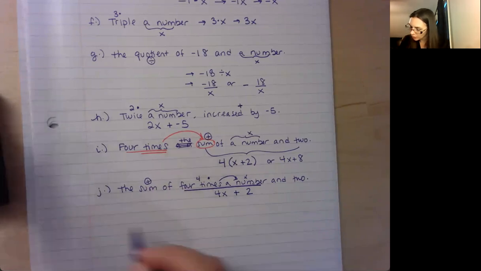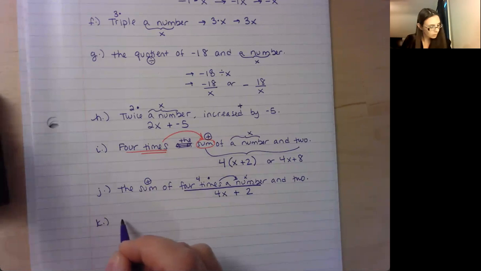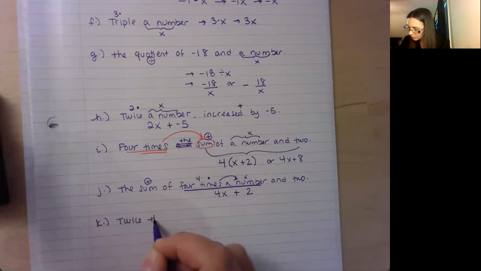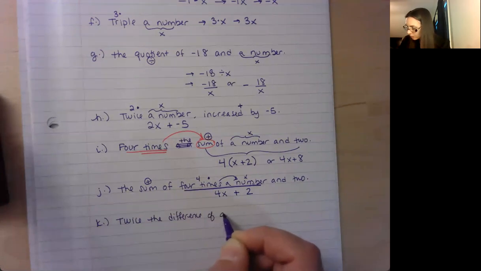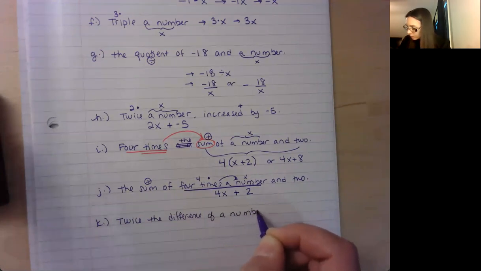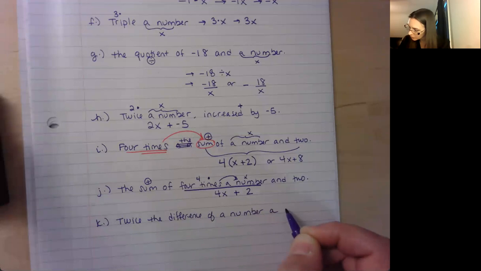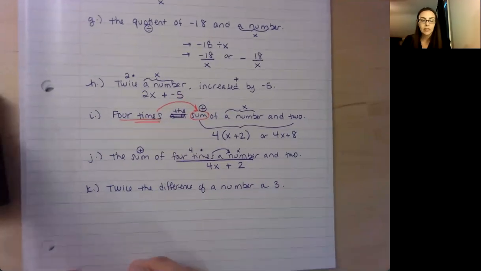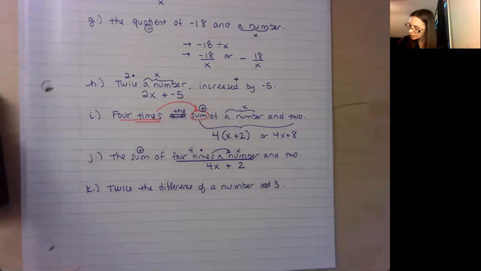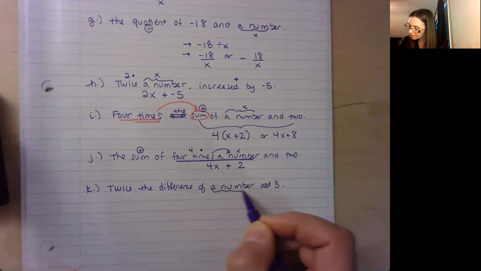I'm going to do 2 more here. So here I have twice the difference of a number and 3. So the number is x, we know that.